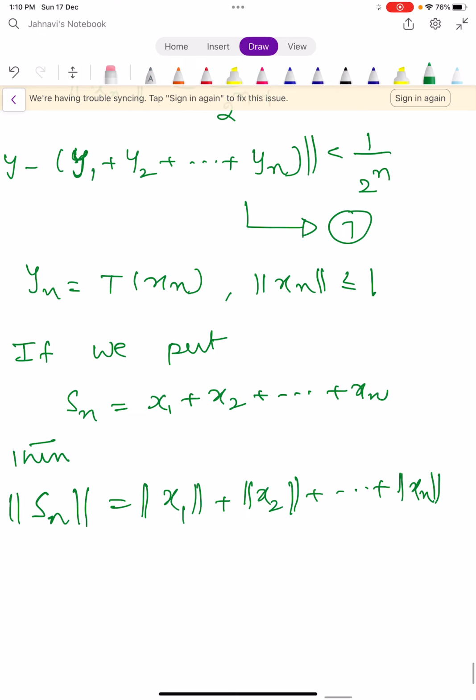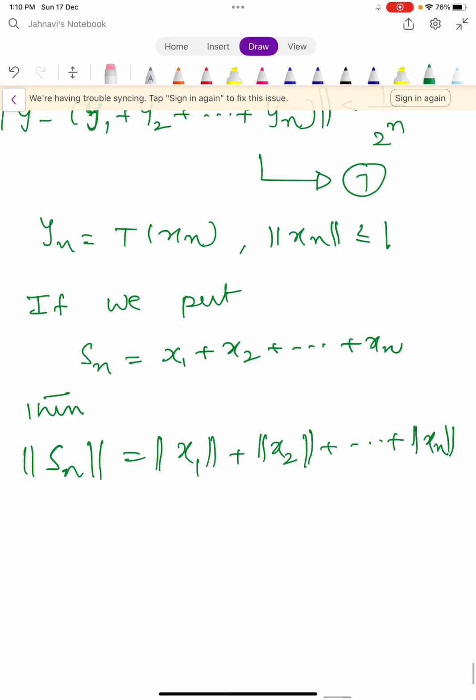I'm very sorry. Norm Sn means you have to apply the norm to the whole sum, norm of x1 plus x2 plus and so on plus xn. Let us split the norm. If you split the norm, you get norm x1 plus norm x2 plus and so on plus norm xn.